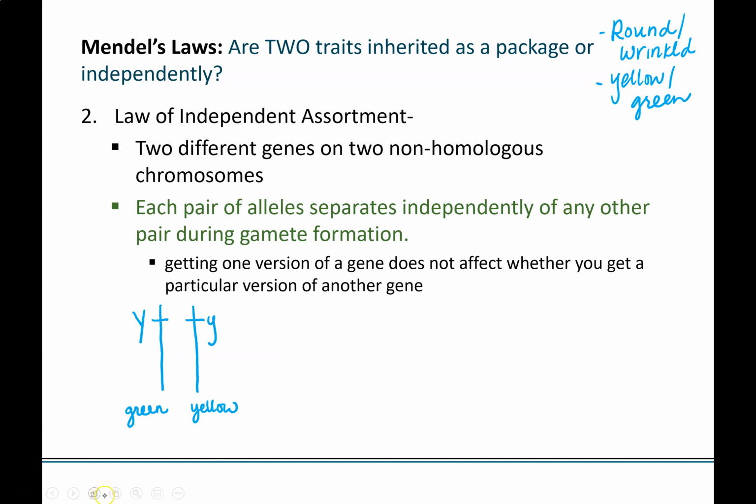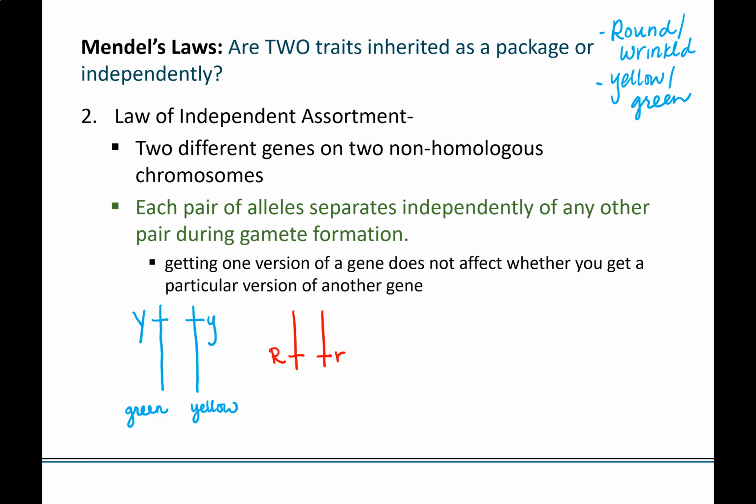And let's say we have another chromosome. Now this is non-homologous, so it's going to have a different shape, different genes, different sequence. And let's say that one contains our allele for round or wrinkled.